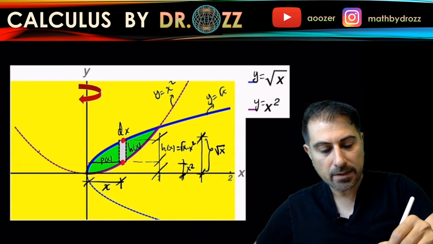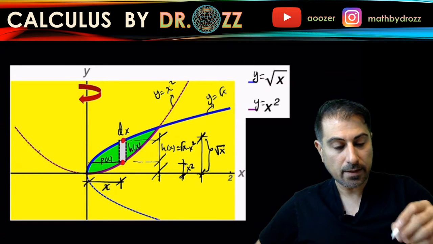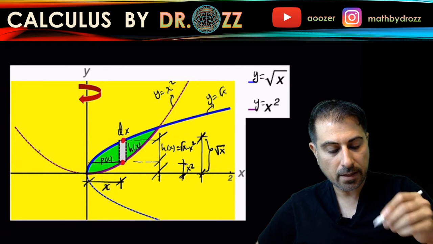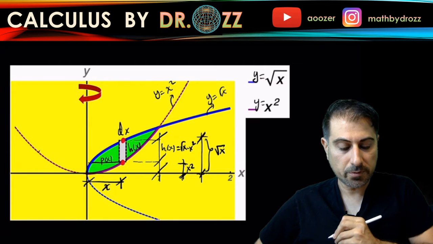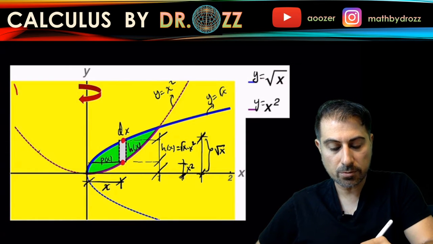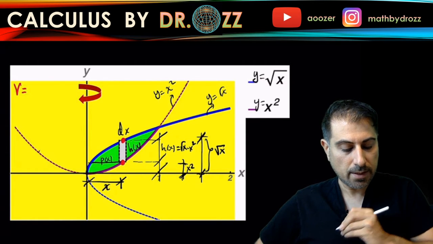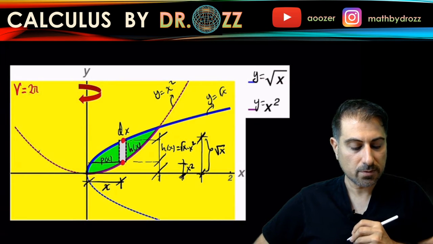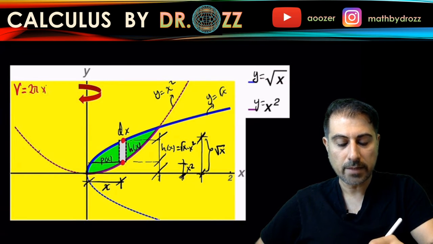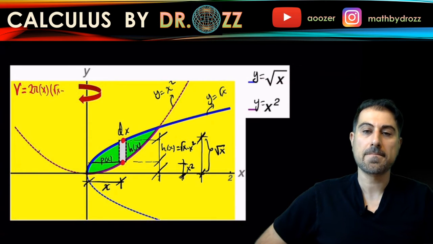So right now I can write down the volume of the representative shell. The volume of the representative shell is equal to 2 pi times the radius, which is x, times the height, radical x minus x squared, times dx.